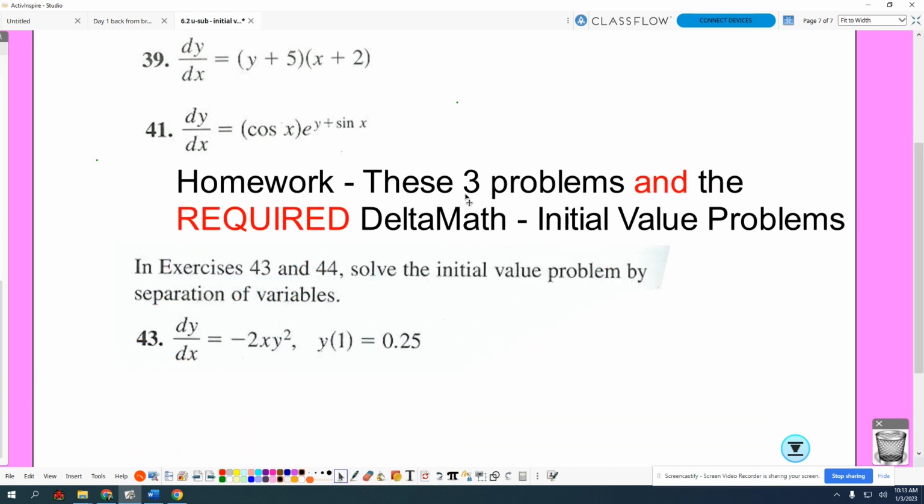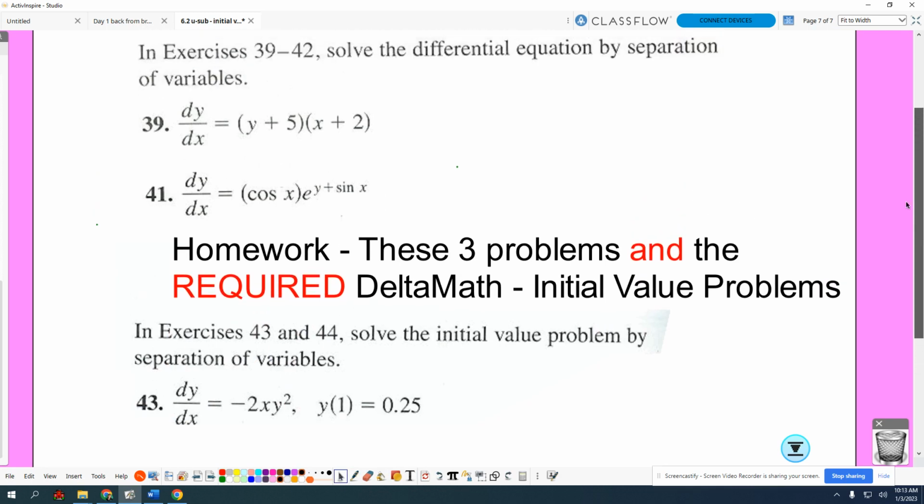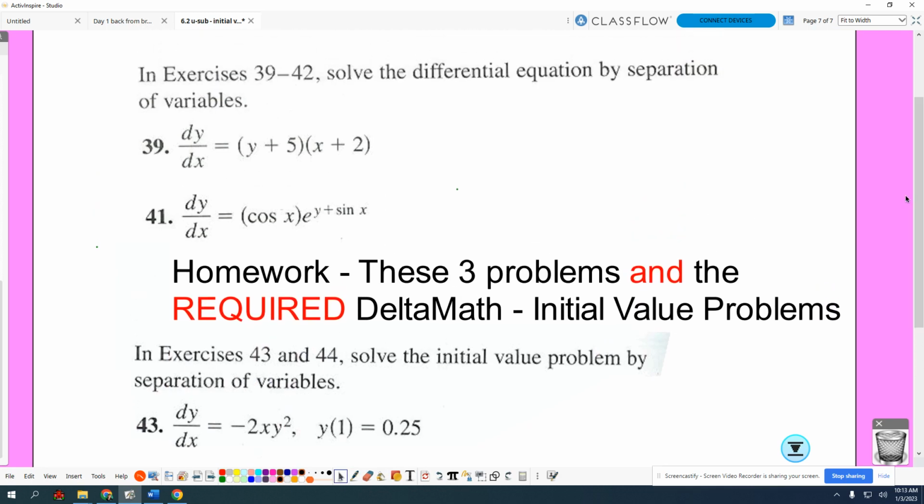How many Delta math problems? I believe 4 problems at level 1 and 2 problems at level 2. Yes. How hard is this? It's not, yeah, because I thought they were both X. I couldn't read.